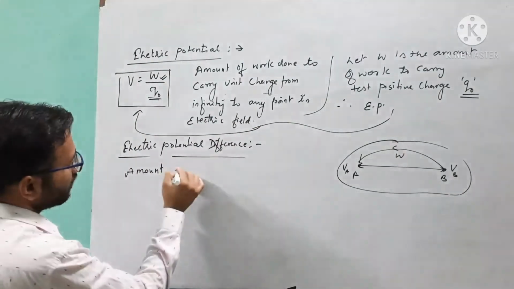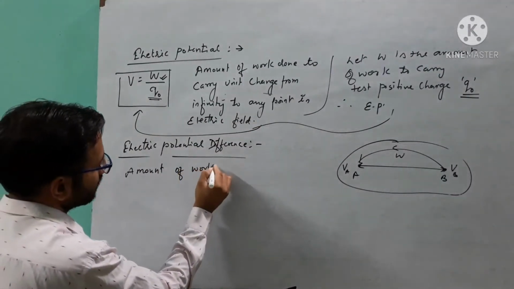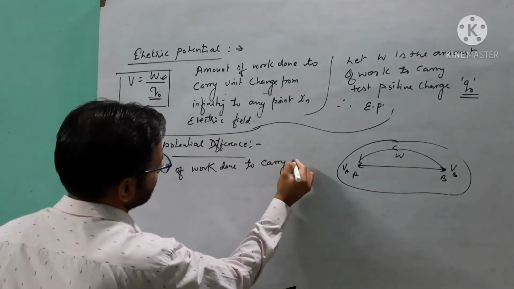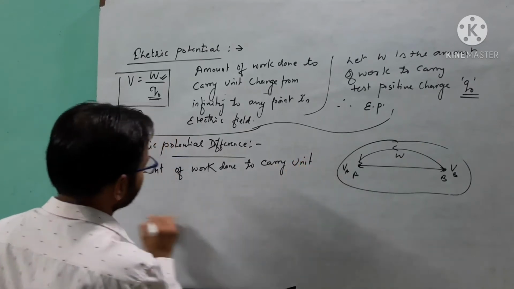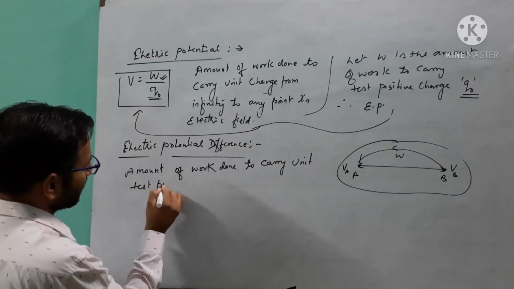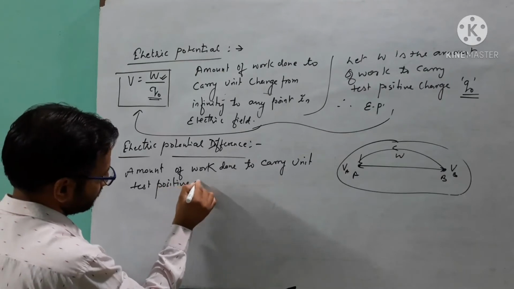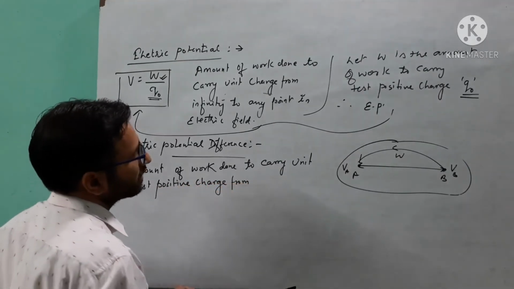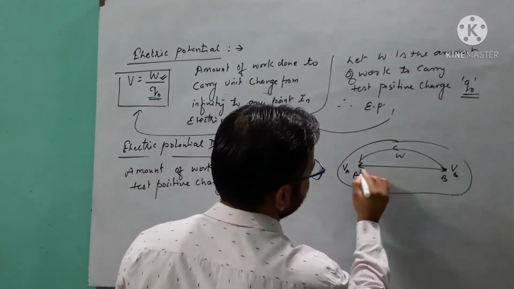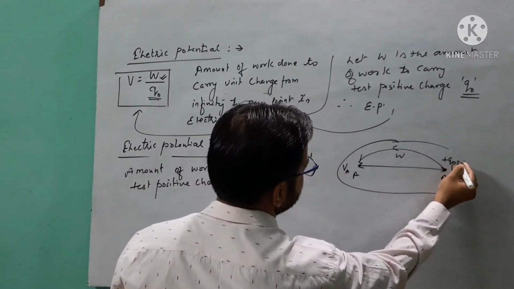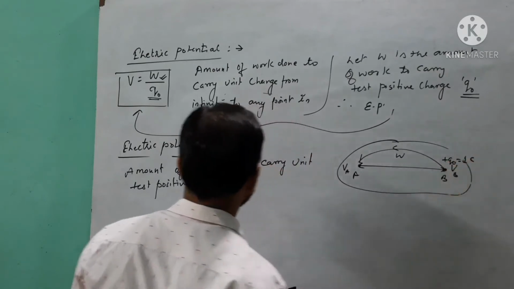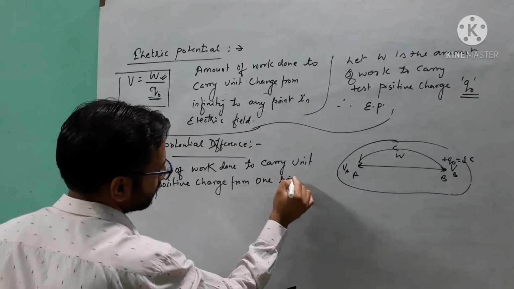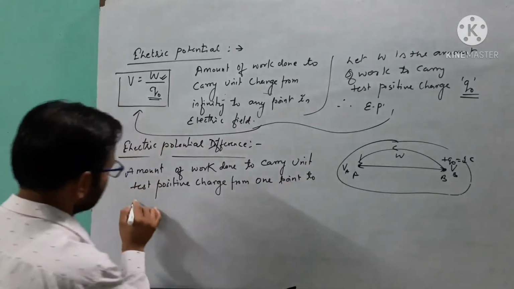So we can say it is the amount of work done to carry a unit test positive charge from one point to another point. Suppose the charge is plus q naught, which is 1 coulomb, from point B to another point.